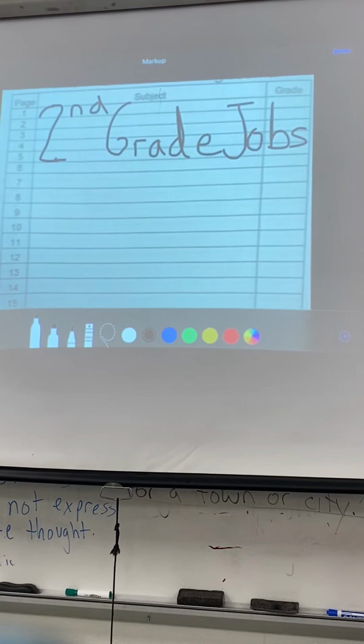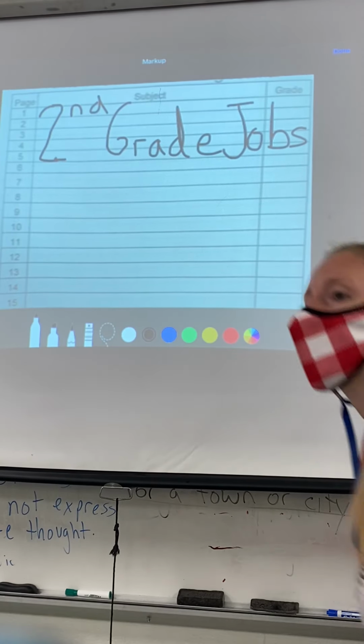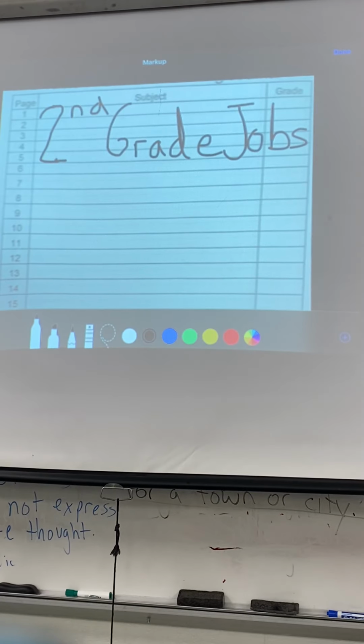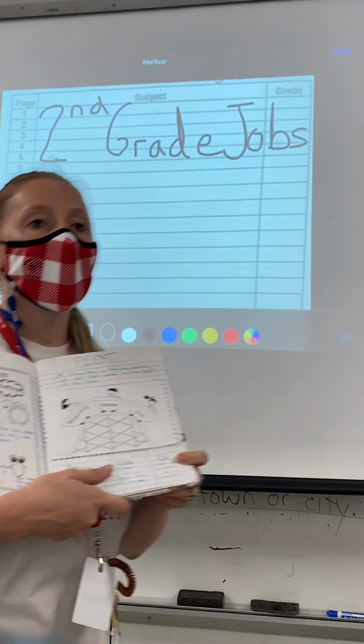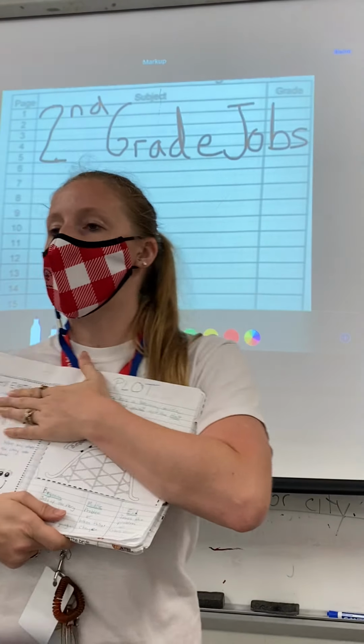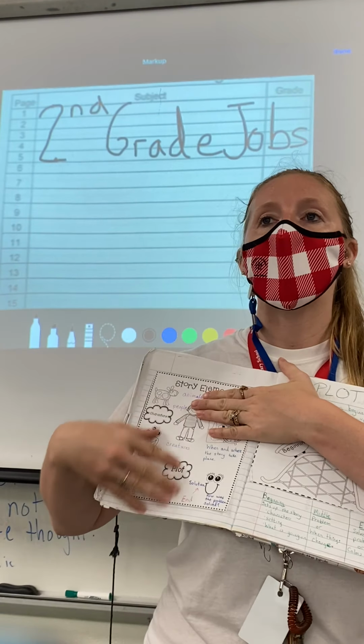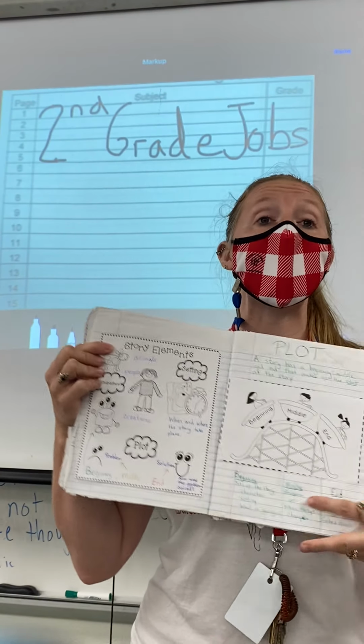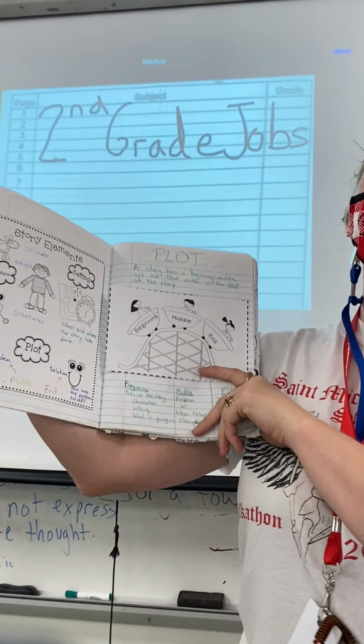Okay, so now that we've gotten through those first 5 pages, what we're going to take a look at is what's right after that, our 6th filled in page. And our 6th filled in page is more than likely, or should be, story elements.